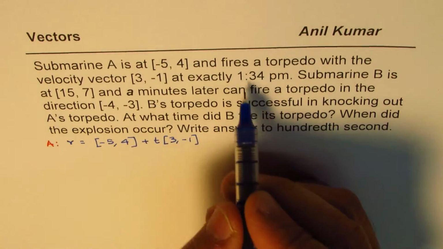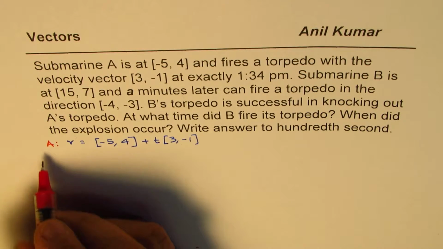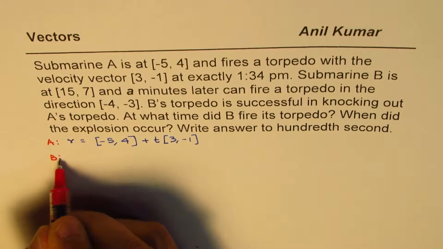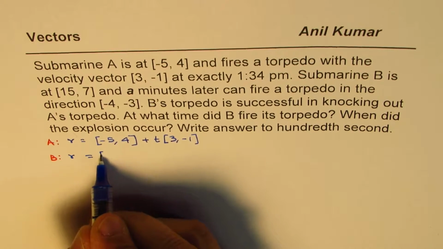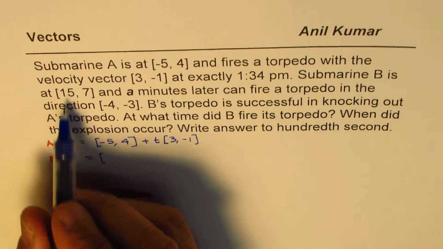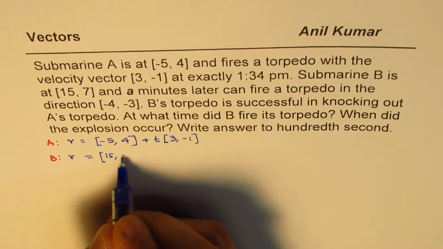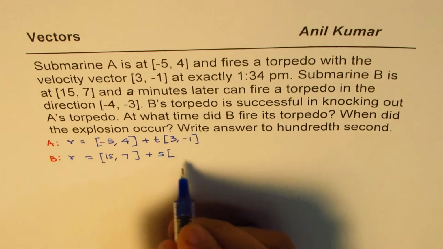Now this is fired at 1:34. Let's write down the equation for the second one, which is B for us. R equals the position of B, which is (15, 7), plus S times (-4, -3), the direction in which it could fire.